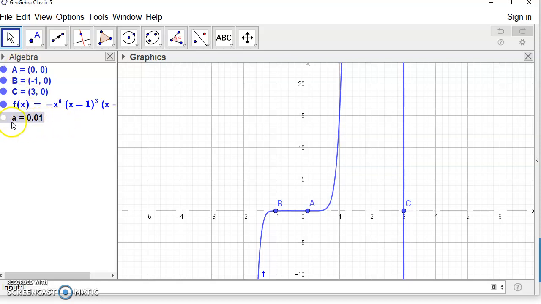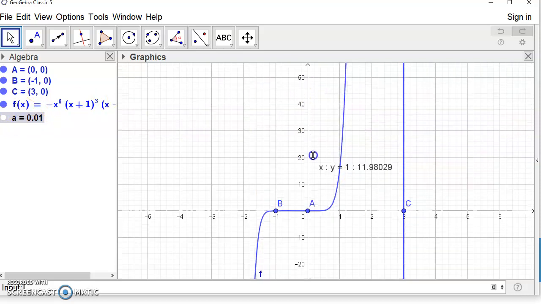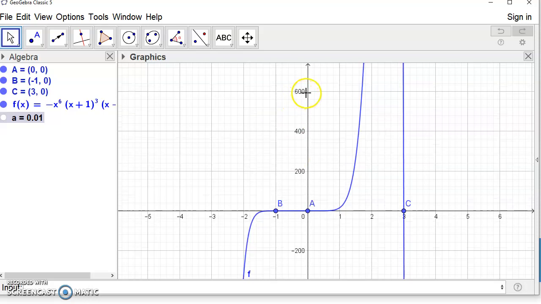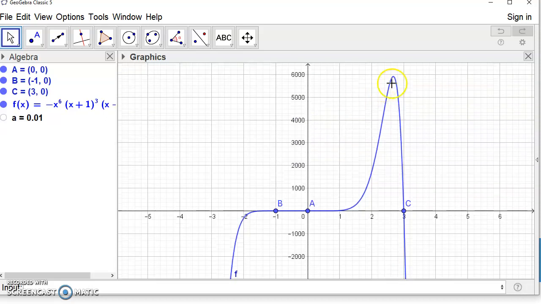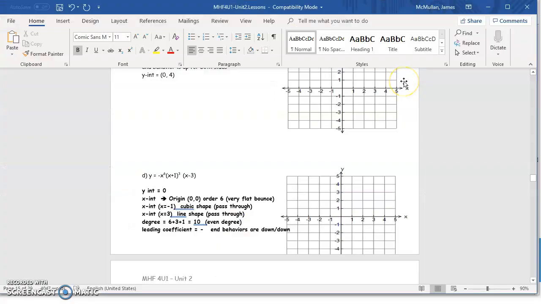We do not get 0, we get a positive number. So that's that. How tall is this one? Well, it goes all the way up to 6,000. So, how would you know to draw it up to 6,000? You won't. This graph is obviously ridiculous for trying to draw up to 6,000. I'm just looking for the shape.